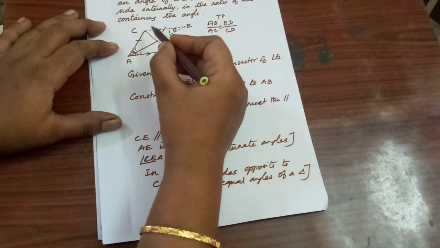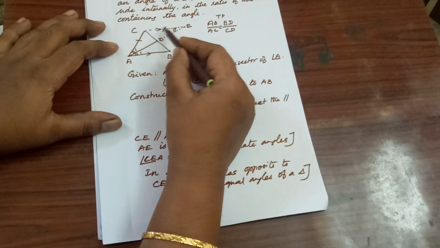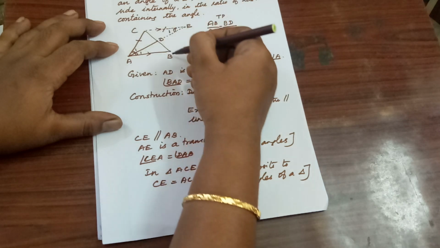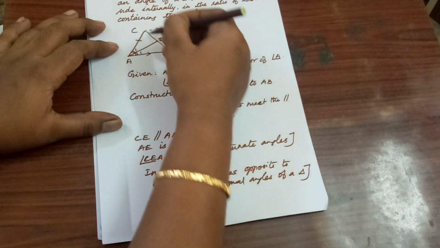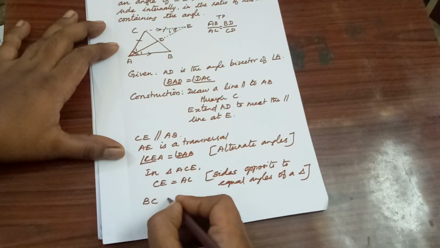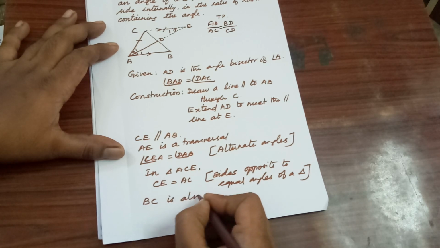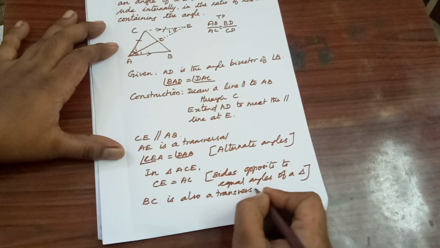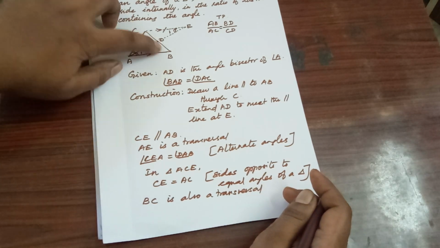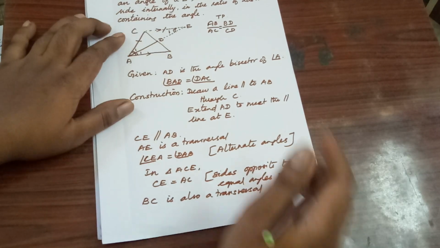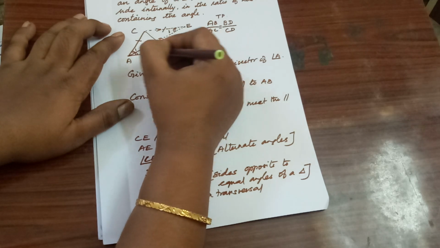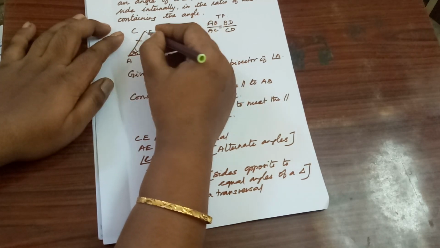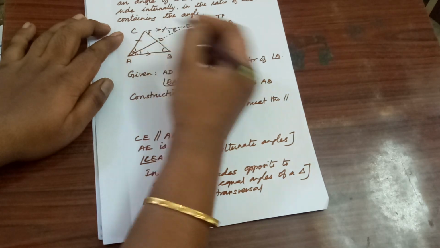And then one more thing we have noticed: CE and AB are parallel. One more transversal is there, that is BC. BC is also a transversal here. So as BC is a transversal, we have got another pair of alternate angles.